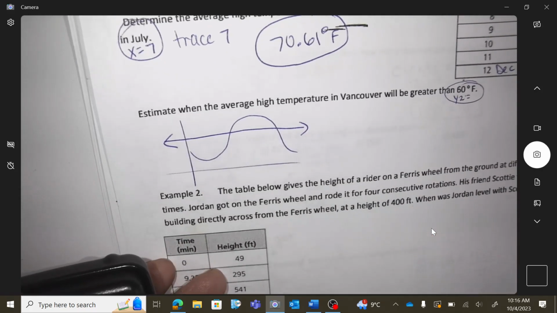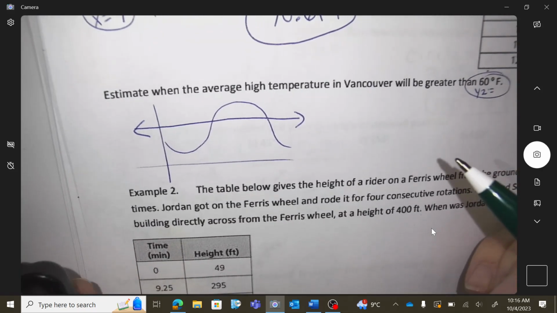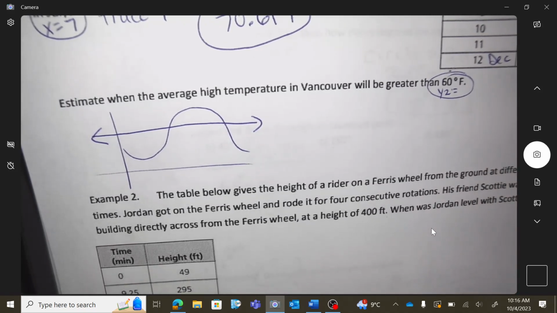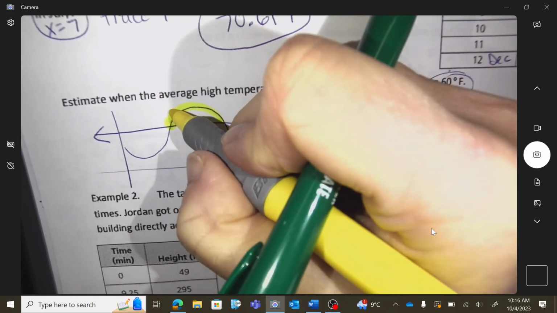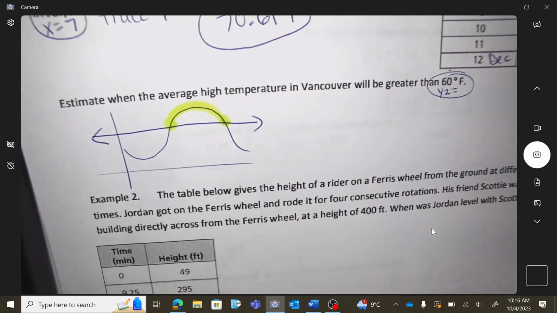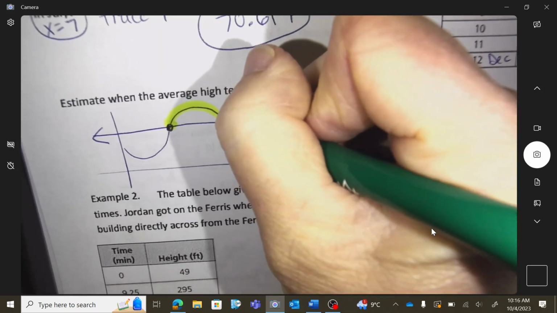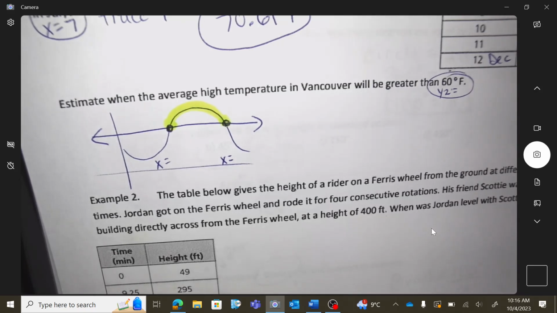Okay, so this is what my calculator kind of looks like. Does that make sense? So estimate when you are greater than 60. So I'm going to be above 60 degrees all the way from here all the way to there. That's in the zone where I'm above it, right? So I need this intersection and this intersection. And I would like you to get me the x values there.